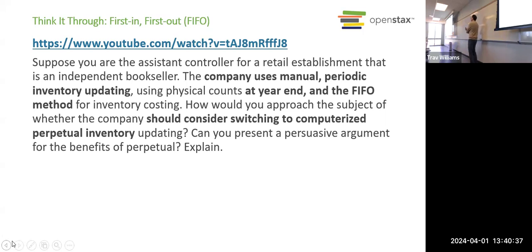So manual meaning it's not an automated process. Periodic means at the end of the period, which could be every month, every quarter, every year, whatever period your company decides on, you have to go through and count all the inventory. And only then do you know the cost of the inventory that you have, and that's when you can figure out the cost of the inventory that you sold.